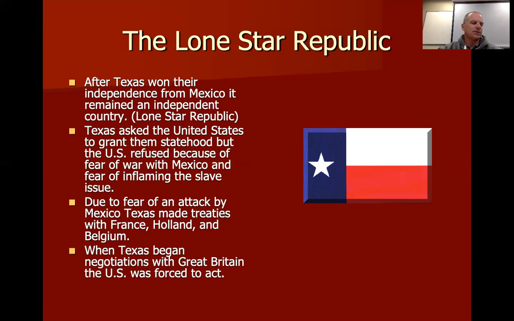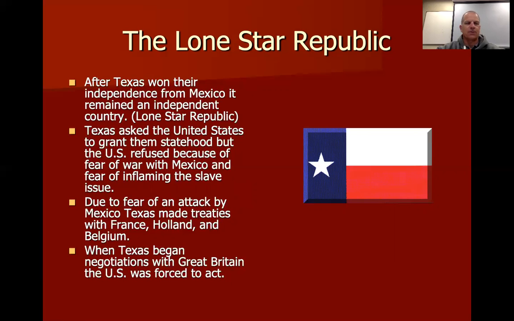So once again, Texas is there 9 years on their own, an independent republic. It's their own country, the Lone Star Republic. That's why you have the single star on the state flag. On the Cowboys helmet, they have a star.